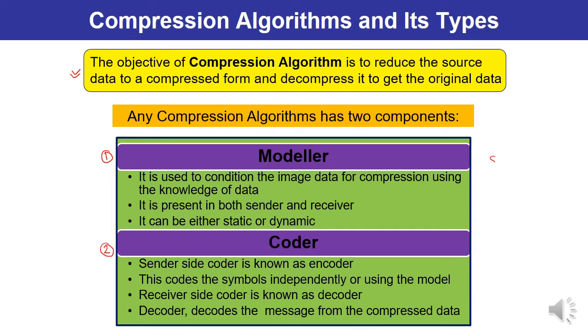What do you mean by static? Static means models at the sender and receiver sides do not change. They are fixed. While in case of dynamic, the models change depending upon the data during the compression and decompression process.